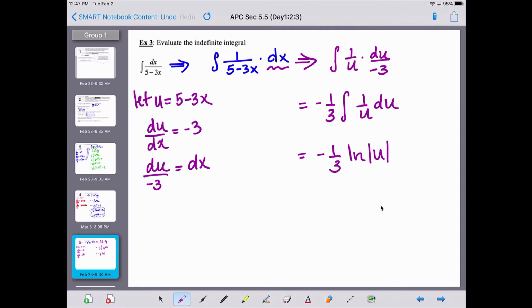We're going to use those absolute value bars, just saying that whatever is inside there has to stay positive, plus our c, because again, no limits of integration here, so we need that plus c all the time. And then finally, if we plug u back in, we end up with negative 1/3 natural log of the absolute value of 5 minus 3x plus our constant term c.